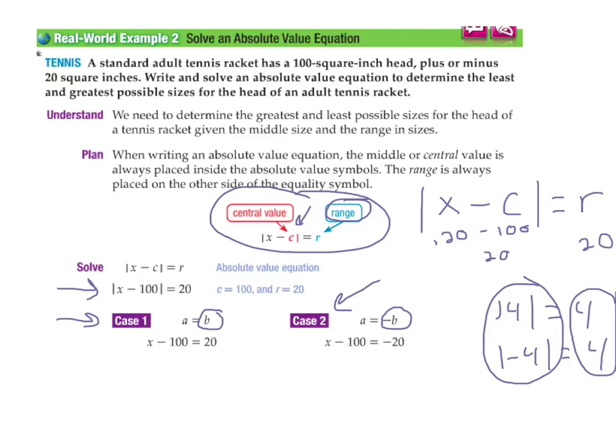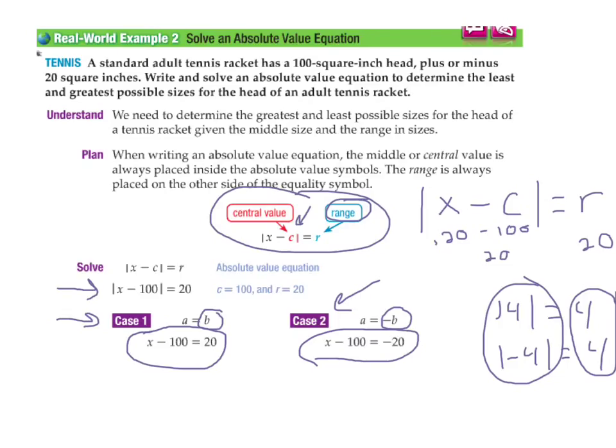So you can see that what we do is, for case 1, we have taken away the absolute value bars. Notice down here in case 1, there are no absolute value bars. There are also no absolute value bars over here.